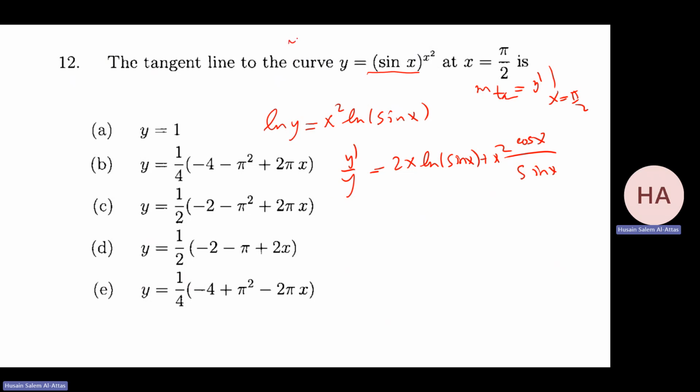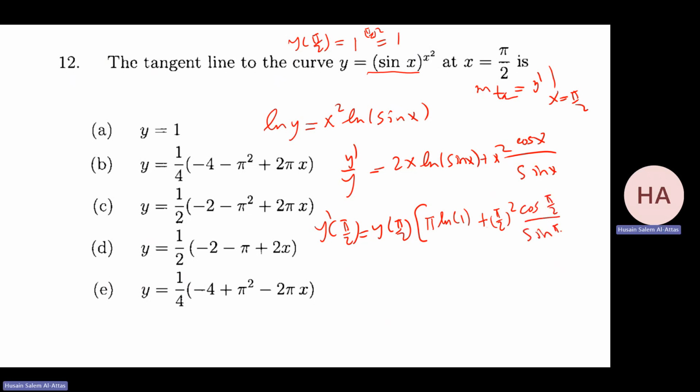y at pi over 2 is what? Sine pi over 2, which is 1, to the power pi over 2 squared, which is 1. So y prime at pi over 2 will be y at pi over 2 times what? 2 times pi over 2, which is pi, times ln sine pi over 2, ln 1, plus (pi over 2) squared times cosine pi over 2, which is 0, over sine pi over 2, which is 1.